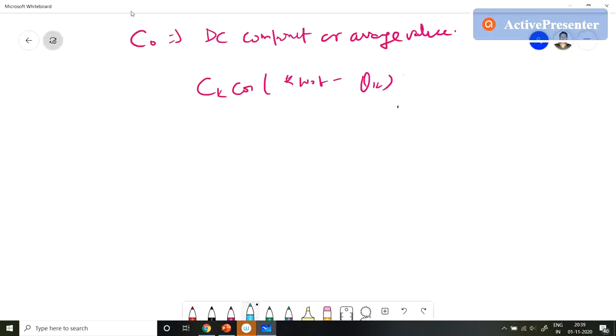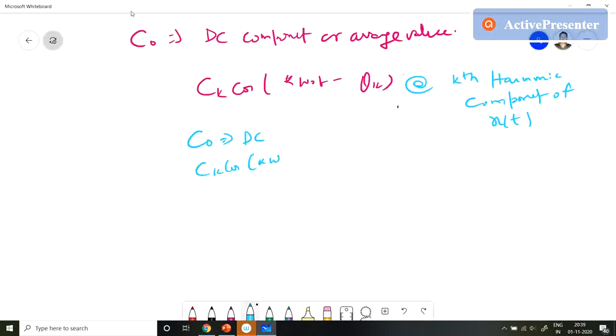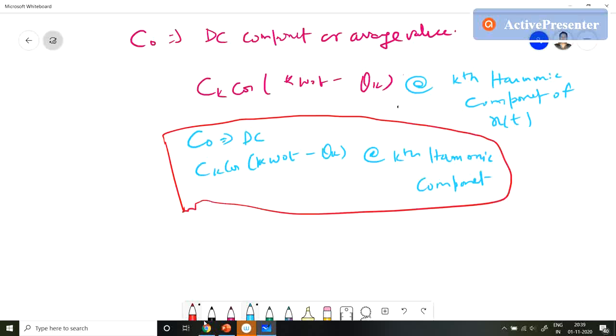So C naught is the DC component, and ck cos(k omega naught t minus theta k) is the kth harmonic component. So this is the harmonic representation of the Fourier series.